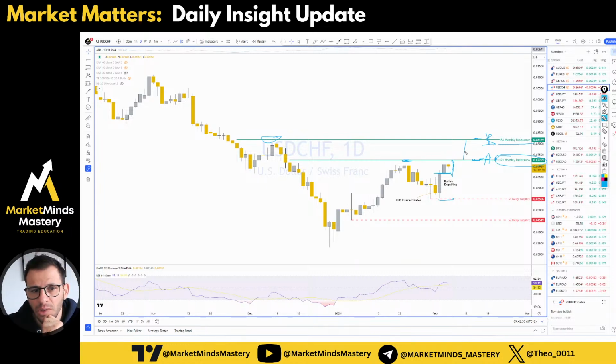We don't know. And it doesn't mean that the price came at this area and automatically it's going to break to the upside or it's going to reverse. We need someone to guide us, and that someone is the price action.